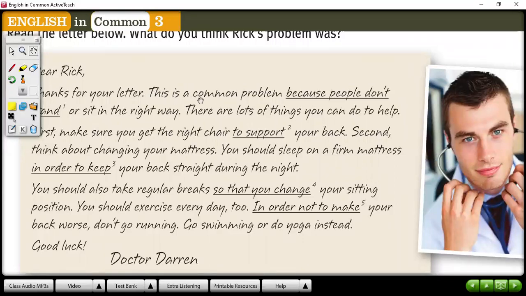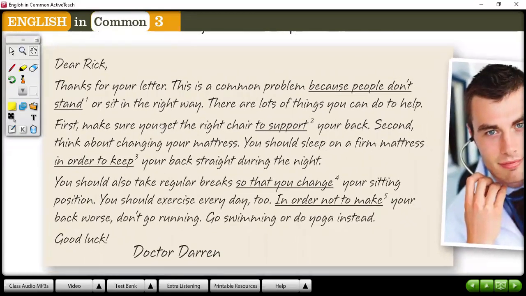This is a common problem because people don't stand or sit in the right way. So we are using a clause, but this clause must be organized by subject and verb after because.